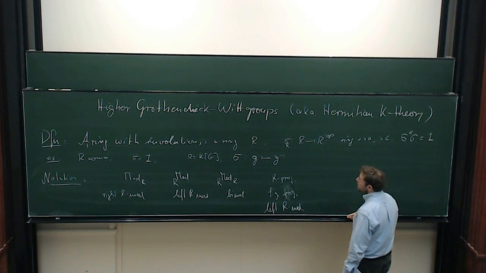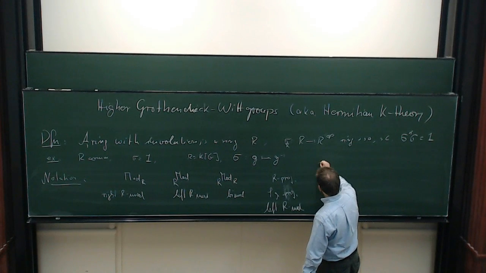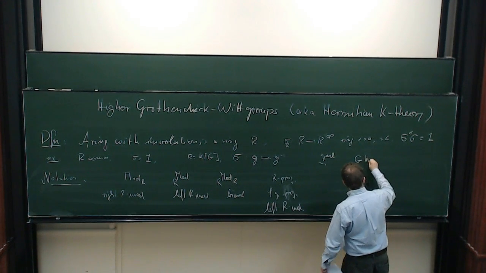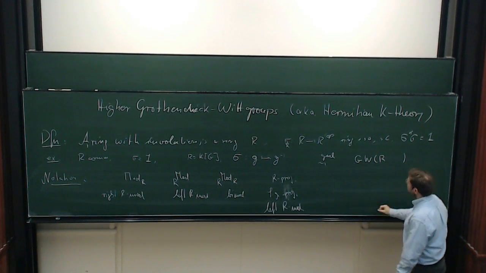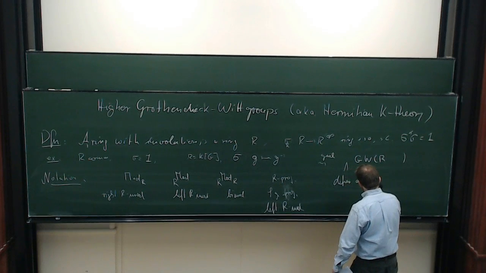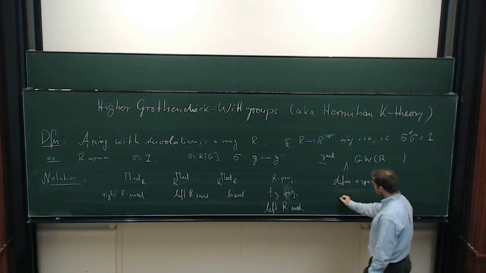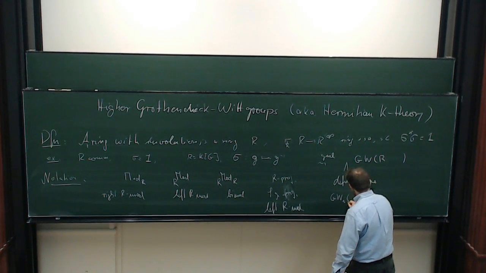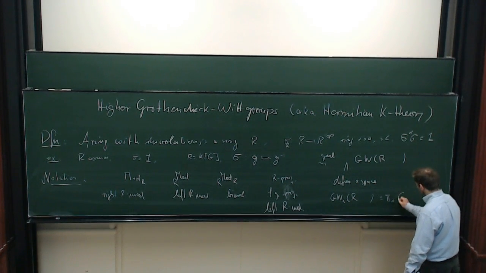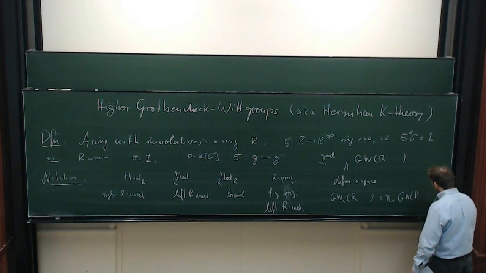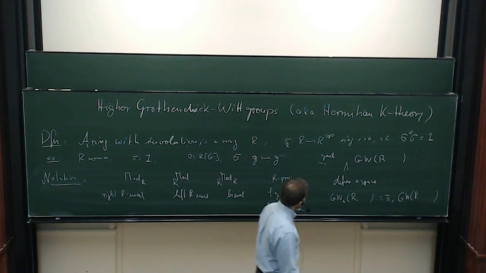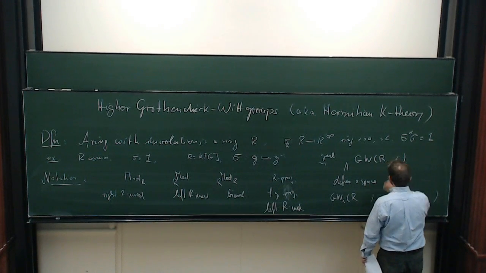So usually, the goal, for today at least, is to define a space whose homotopy groups are going to be the higher Hermitian K groups, or higher Grothendieck-Witt groups, but it depends on some coefficient system, which I'll put in here.